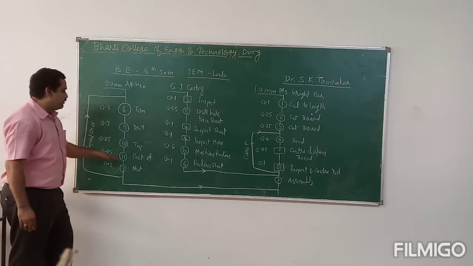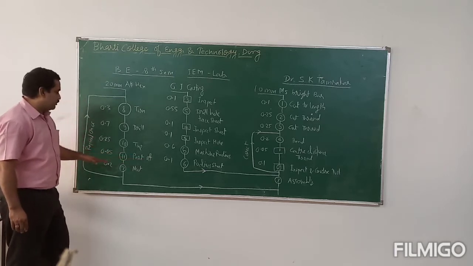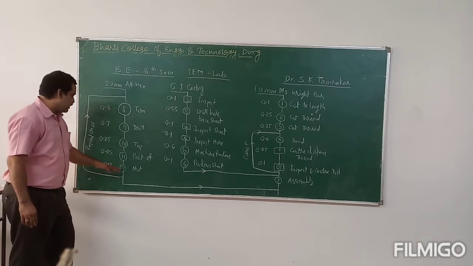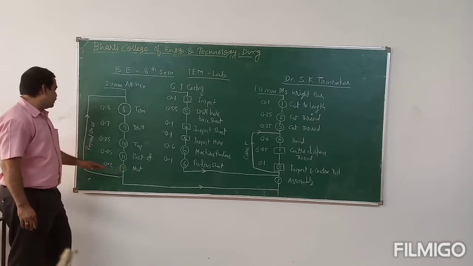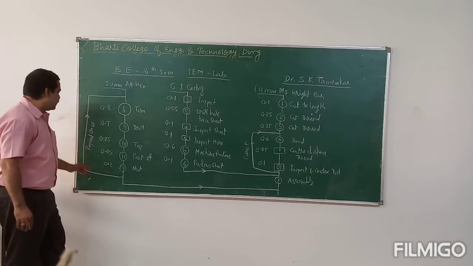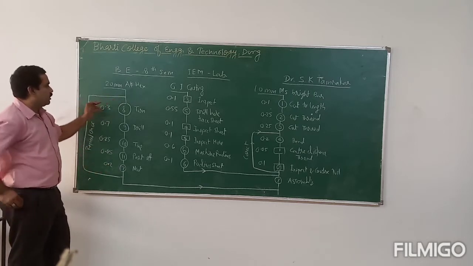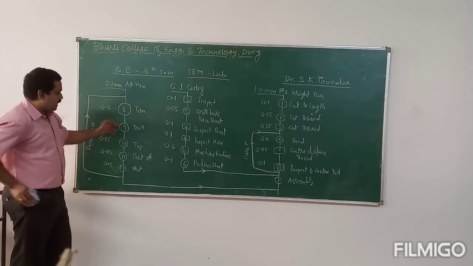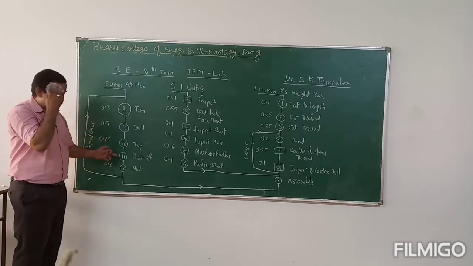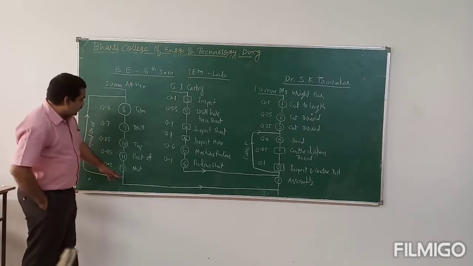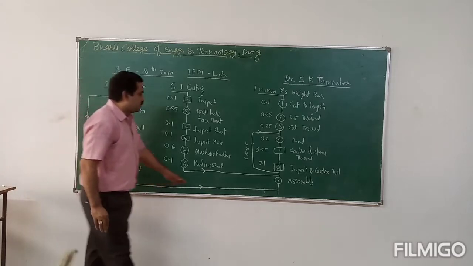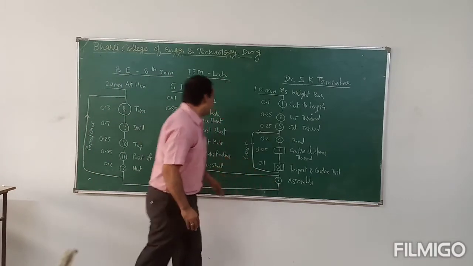Then 0.05 for that part. Then 7.2 nut. This we have to repeat once. Then again 8, 9, 10, 11 and 7. Then this process next goes here after assembly.